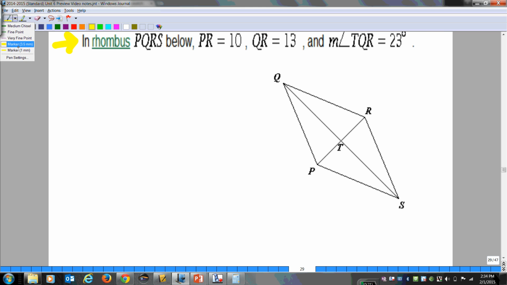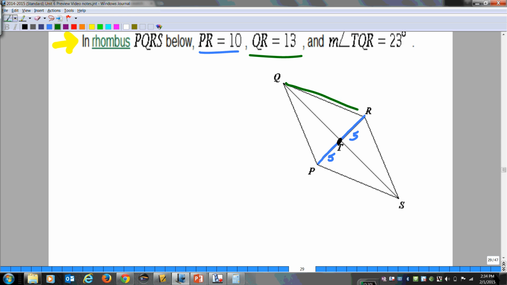Let's start with the simple stuff. We are told that PR is 10. So P to R is 10. Now I'm going to instantly, because I know the diagonals bisect, break that down to 5 and 5. And you should have done that as well. And then we're told that QR is 13.